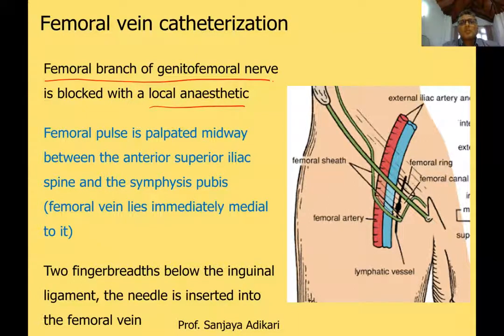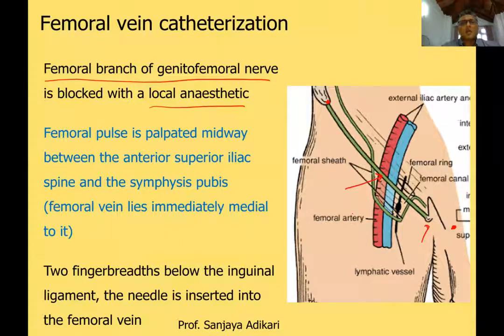And the other important point is you have to find the mid-inguinal point. Mid-inguinal point is the midpoint between the anterior superior iliac spine and the symphysis pubis, somewhere here, which is medial to the pubic tubercle. If you feel for the pulse at the mid-inguinal point, you can get the pulse of the femoral artery.